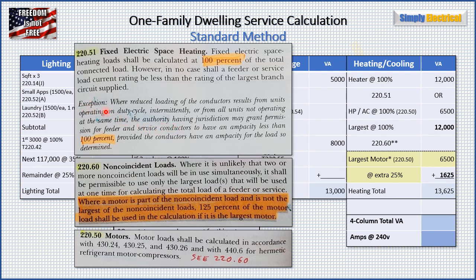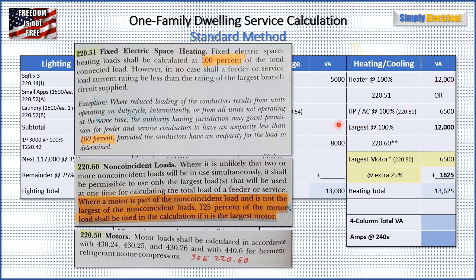It should just be an informational note telling you that your AHJ can kind of do whatever they want and allow whatever they want in regard to this and anything else. I really don't think this even needs to be written here. So it doesn't affect us though. We take our heating at 100%. So right over here, we've got our heater at 100%. And in our case, it was 12,000 watts.